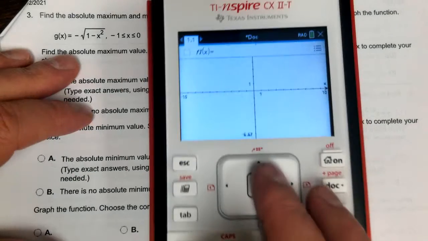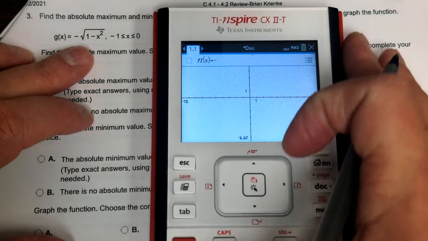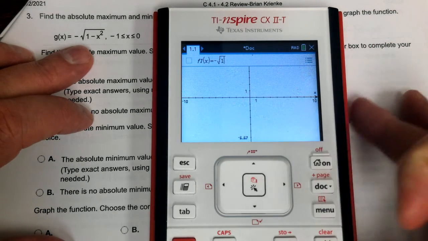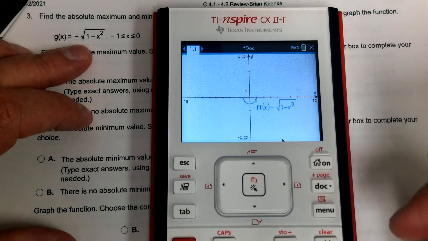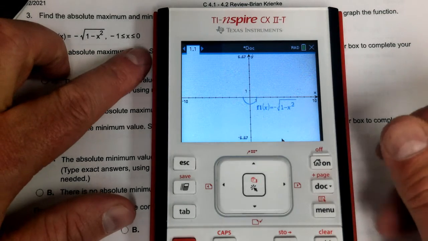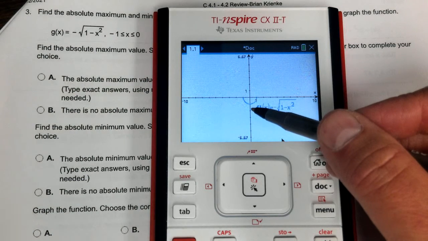Okay, on this next one we need to graph negative square root of 1 minus x squared. And we care about from negative 1 to 0, which is basically the left side.